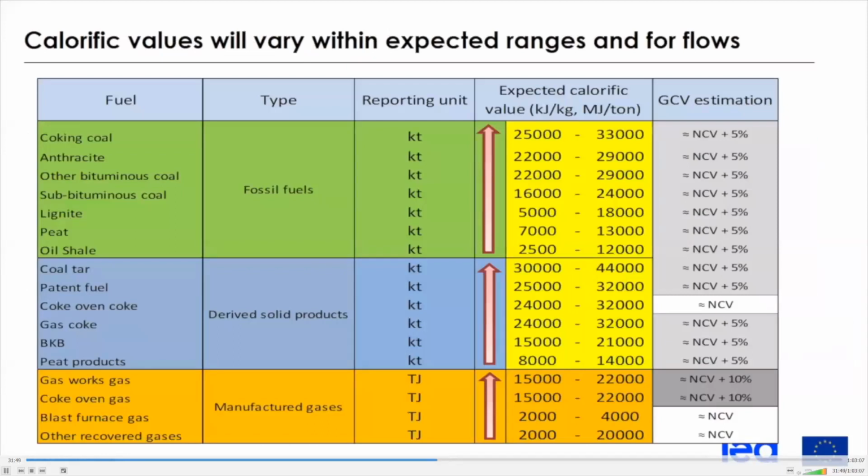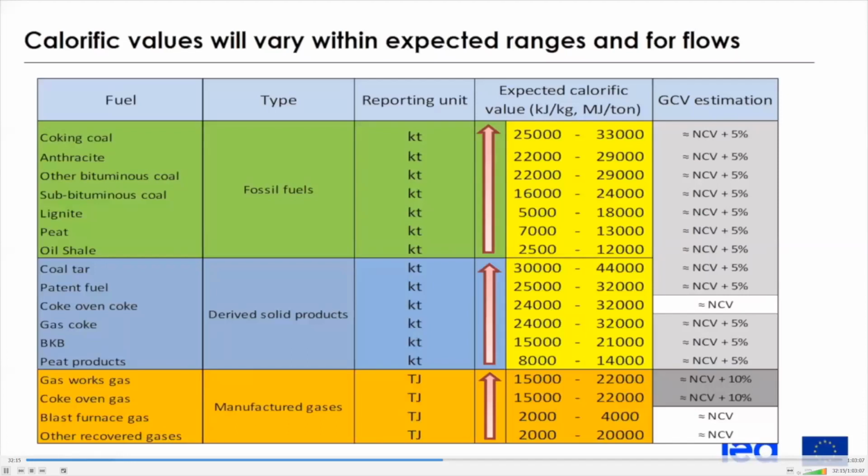One last part on calorific value. As I told you, we expect it to vary depending on the flows of consumption, but we do not expect it to vary in a very large way. We expect for each product the calorific value to be within a specific range of values.